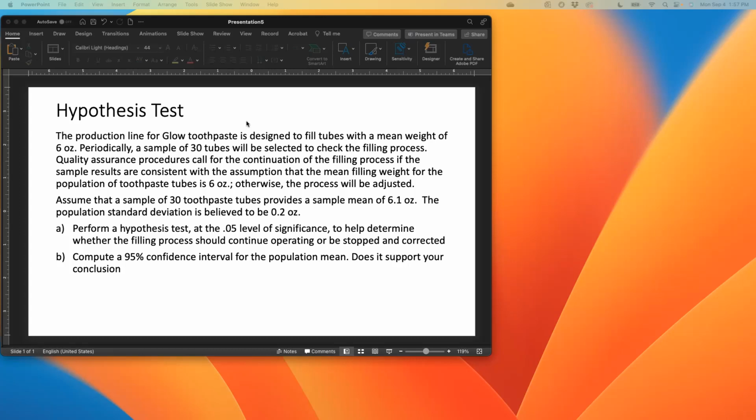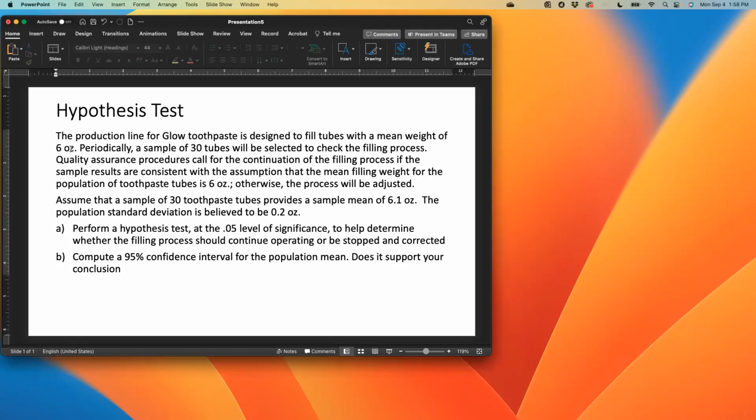So, taking a minute to just understand the question we have just read. We can see that we're dealing with a manufacturing company that has a production line that makes Glow toothpaste, right? From their previous production, we also discovered that there's a mean weight for filling each of the toothpaste tubes, and it has to be 6 ounces, as the question states here.